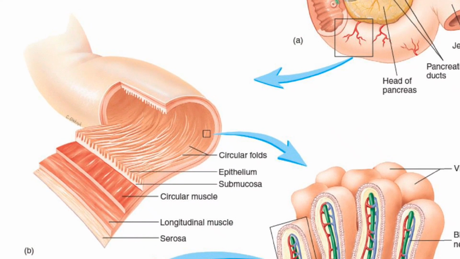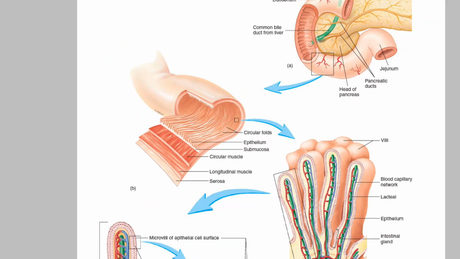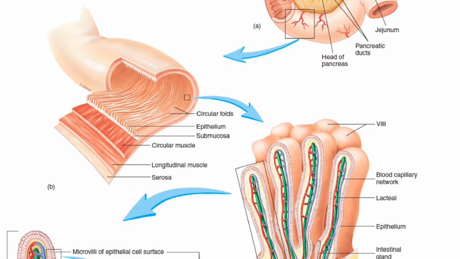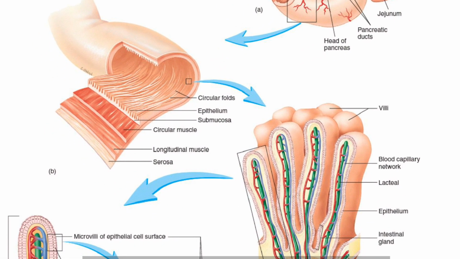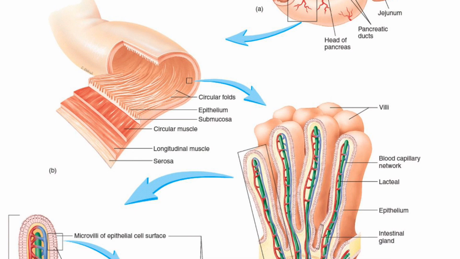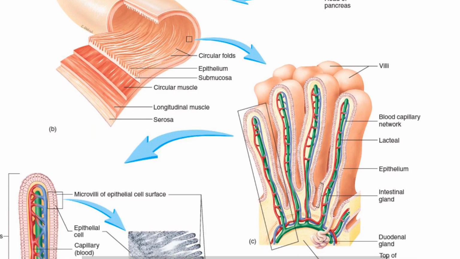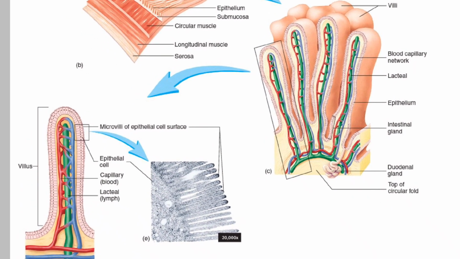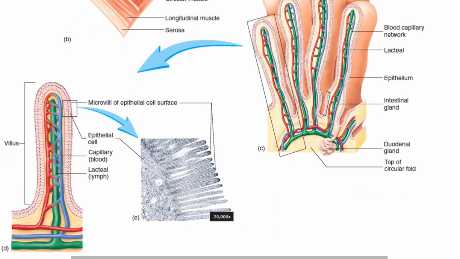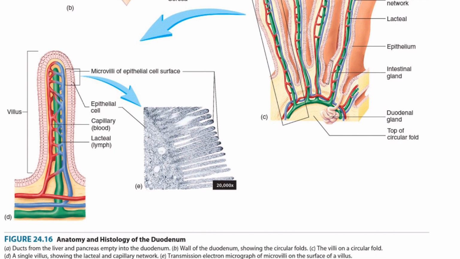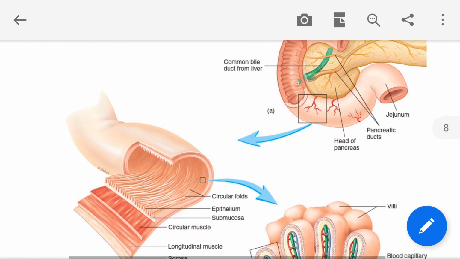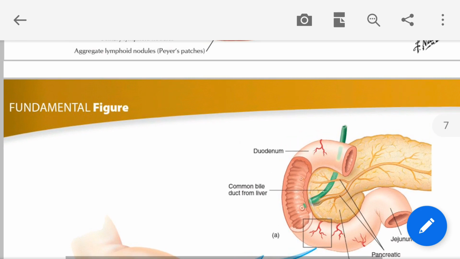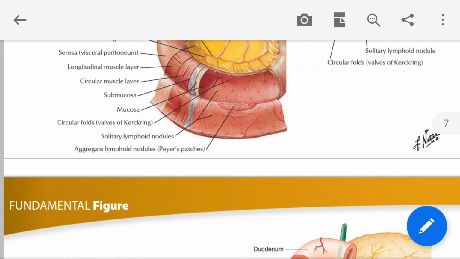So you can go through all the names. All these names are important when you will be preparing the histology of the small intestine, so you will require these names. I am not explaining the histological part in this lecture. In this lecture we are only discussing the anatomy of the small intestine.